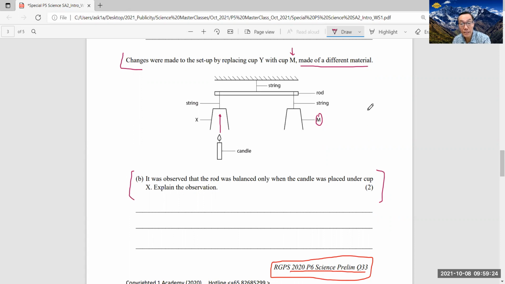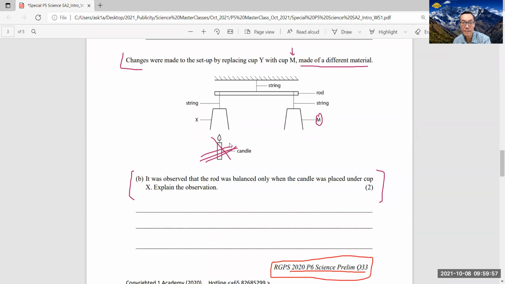Okay, if M is greater, you think carefully. Okay, some of you immediately put heavier, then change to lighter. Okay, now I teach you how you make the decision. If without the flame, if the thing balanced this way, if they stay this way, that means both are the same, right? All right.